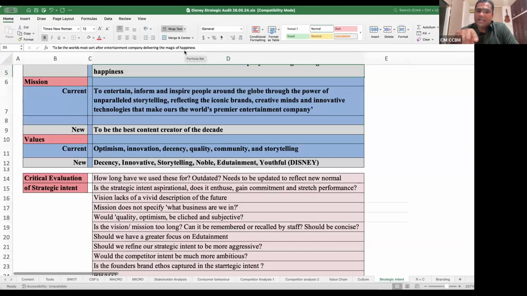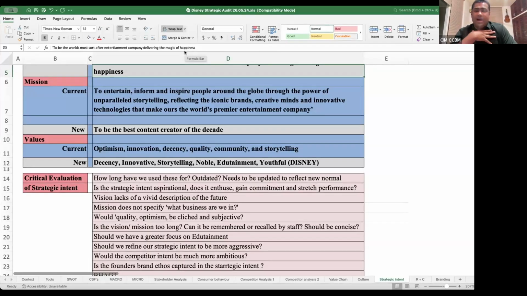So I used the word Disney, and I took some values: decency, innovative, storytelling, and I took this word noble. We have to be a noble company, right? Because we have the whole CSR and the corporate governance piece, edutainment, and youthful.